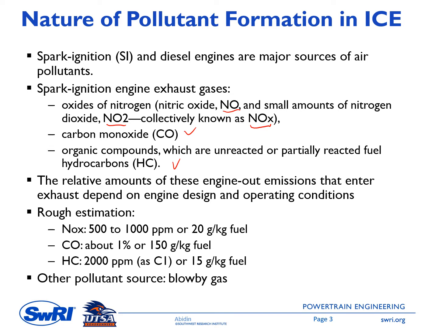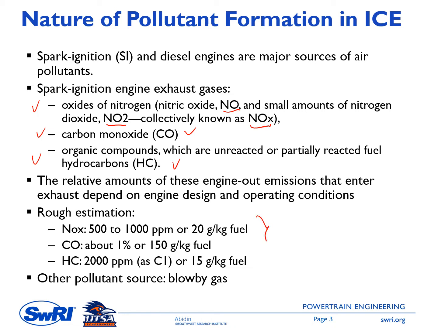And then the relative amount of this engine out emission that enters the exhaust depend on the engine design and operating condition. For example, if we have rich mixture combustion, we might have a dominant CO and unburned hydrocarbon. Conversely, if we have lean mixture combustion, we might have higher NOx but smaller amount of CO and UHC.